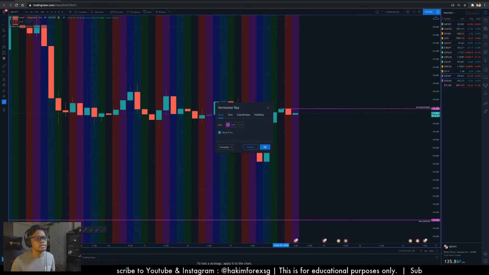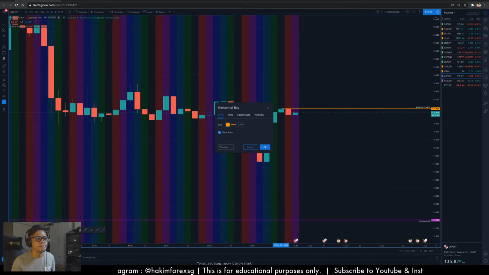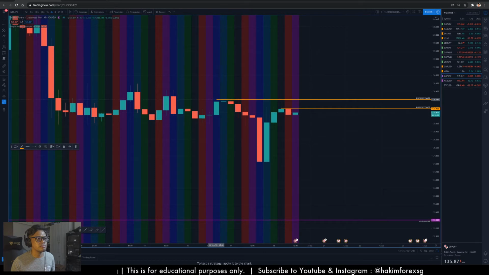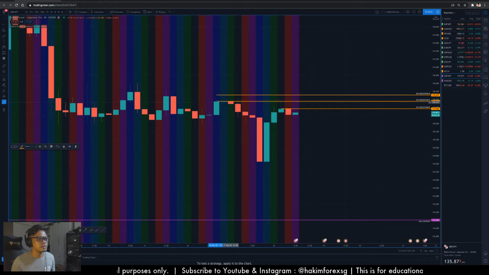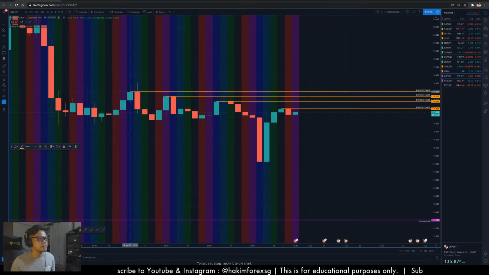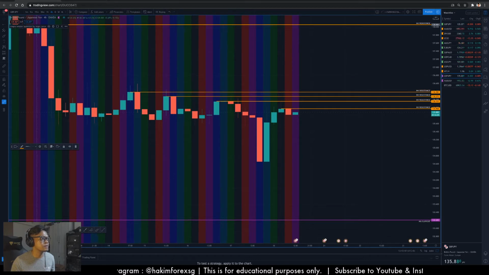Usually I color it with orange. The last resistance will be here, candle body close. The last resistance will be here, and if it breaks, the next resistance might just be on top of here.